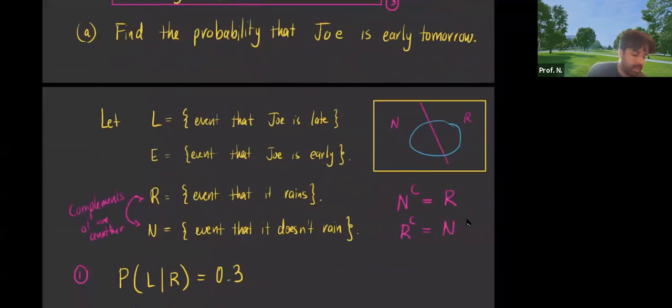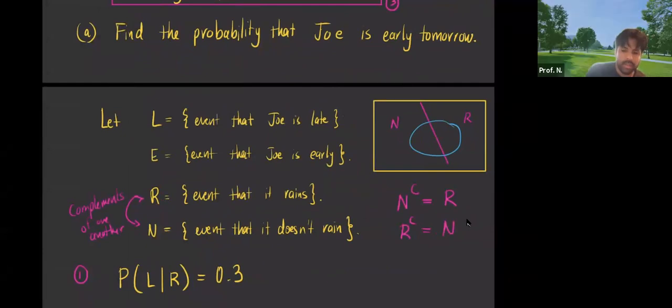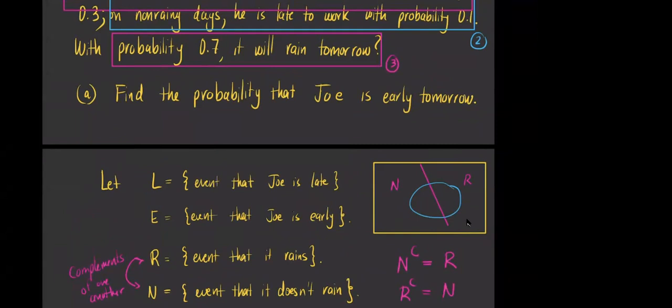R is the probability that it does rain. I'm given that it rains with probability 0.7, so the complement would be 0.3, which is the probability that it doesn't rain. Okay, I got it. Thank you.